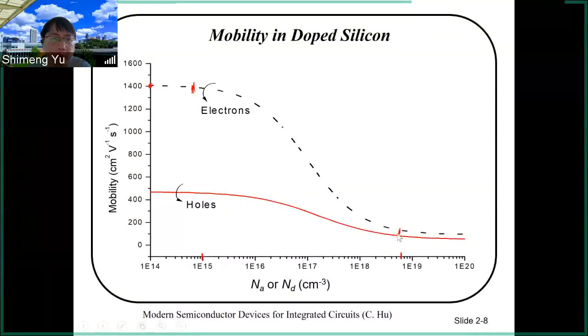This is because of more scattering caused by the higher doping. And similarly for the hole, it will degrade the mobility from this 470 to below 200 if you increase the Na, the acceptor doping density. Any questions?